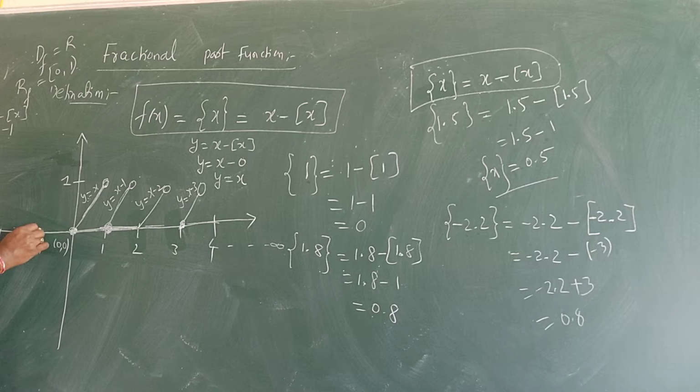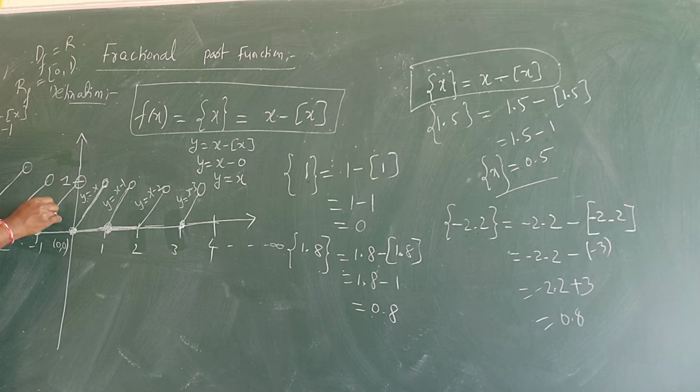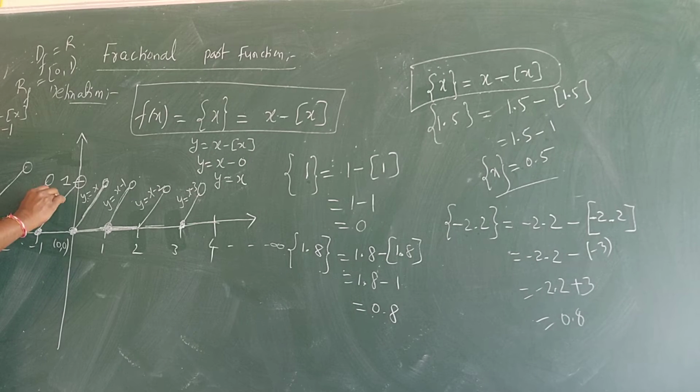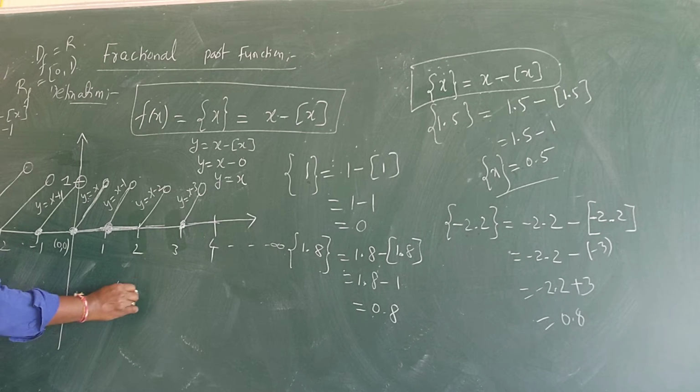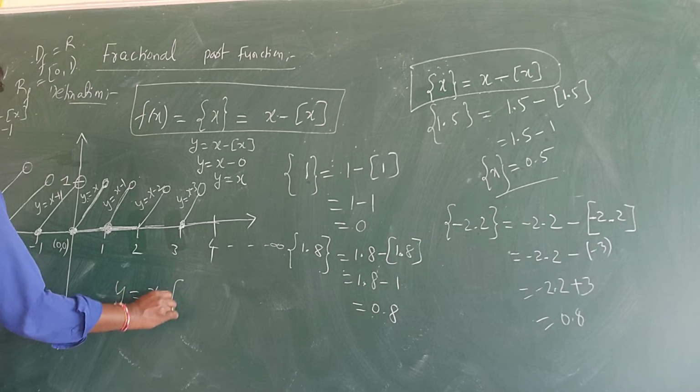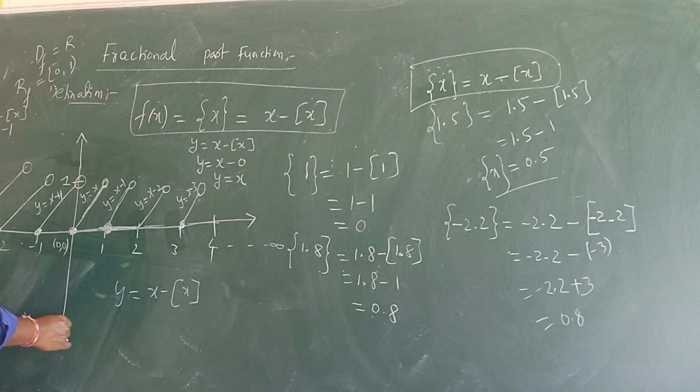Now from here, it is hollow. Now tell me what I get here. I'll get y is equal to x plus 1. The reason: y is equal to x minus greatest integer x.